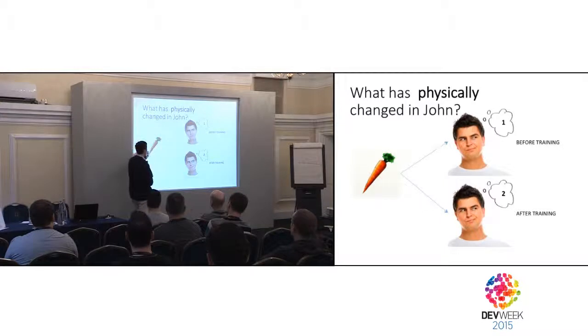So the question is, why did the system, in this particular case I call John a system, start to give a different answer to the same question? What has changed in John so that he now gives a correct response instead of a random response? So who can tell me what has changed in John?